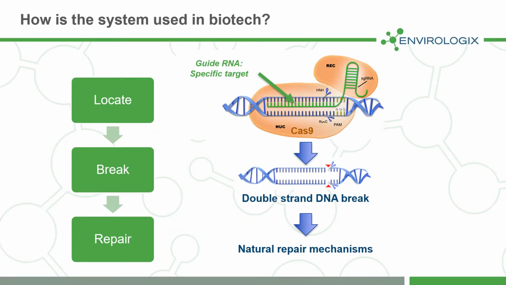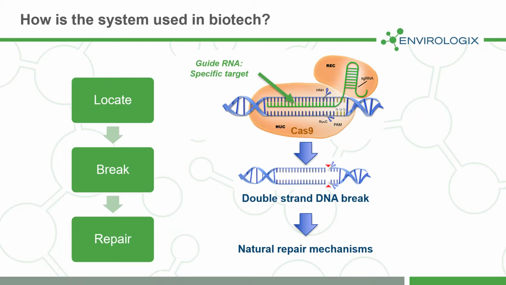How is this applied in biotech? Using CRISPR-Cas as the example, there's a guide RNA, that little green squiggle, which is very specific and tells the nuclease, which is Cas9, where to cut. A nuclease cuts DNA. So the guide RNA tells the nuclease, amongst millions of bases, which sequence specifically to make a cut.